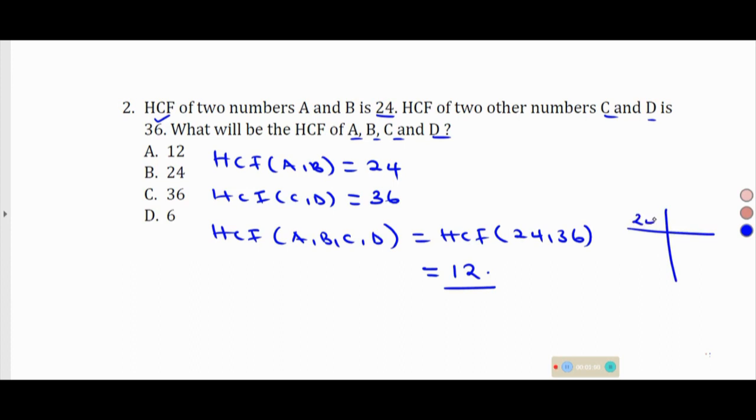If you have 24, you have 36, the highest factor which will satisfy both will be simply 12. So 12 will be the answer. And from the given alternatives, you realize your 12 will be A. So A will be the answer for this question.